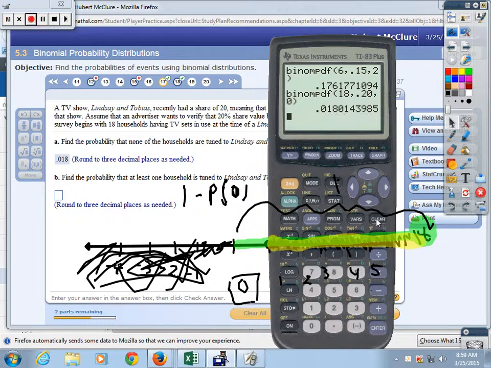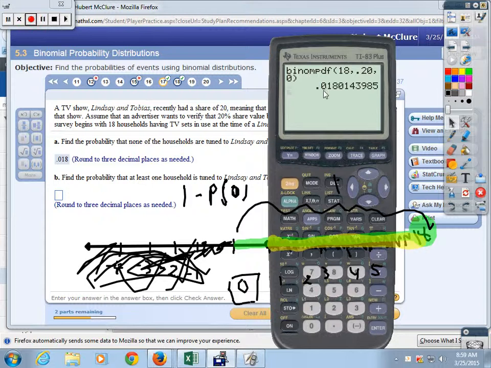Let me just clear it. No. Second entry. And I'm going to do, how many households? 18. So 1 inverse insert 18 and 0.20 and 0.